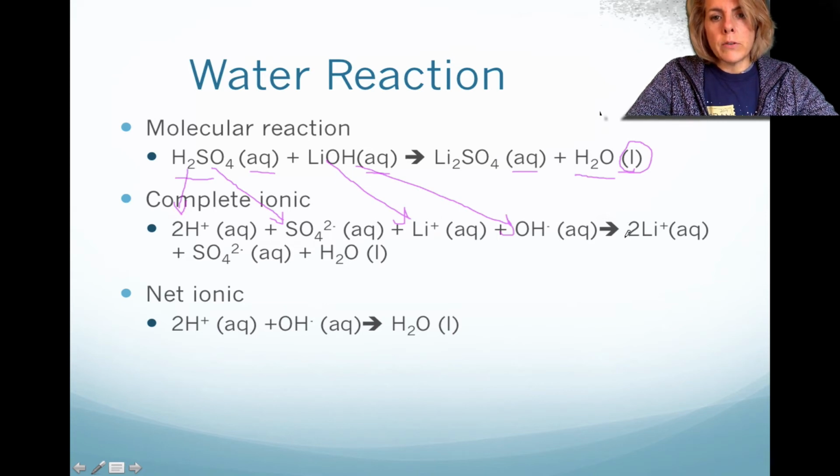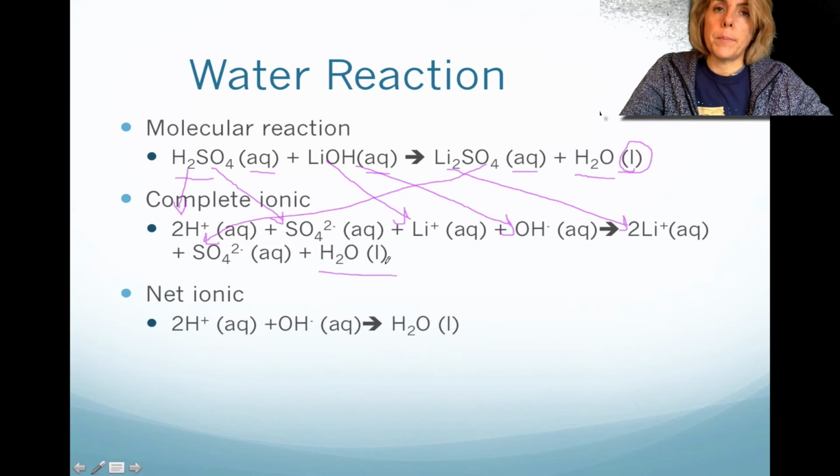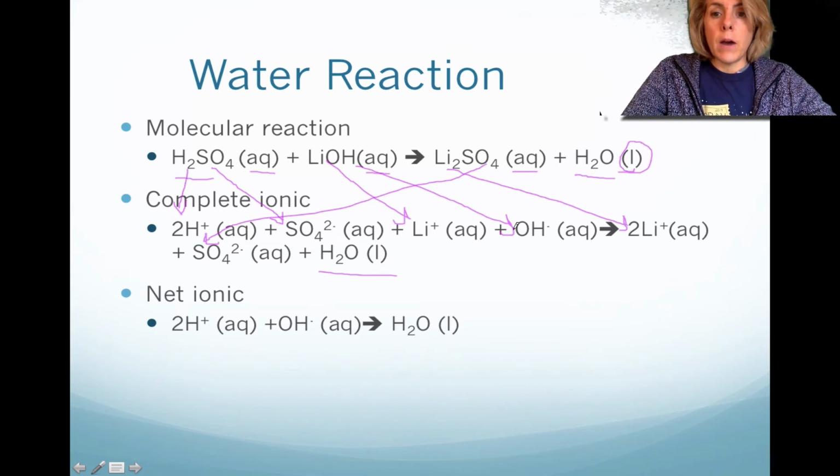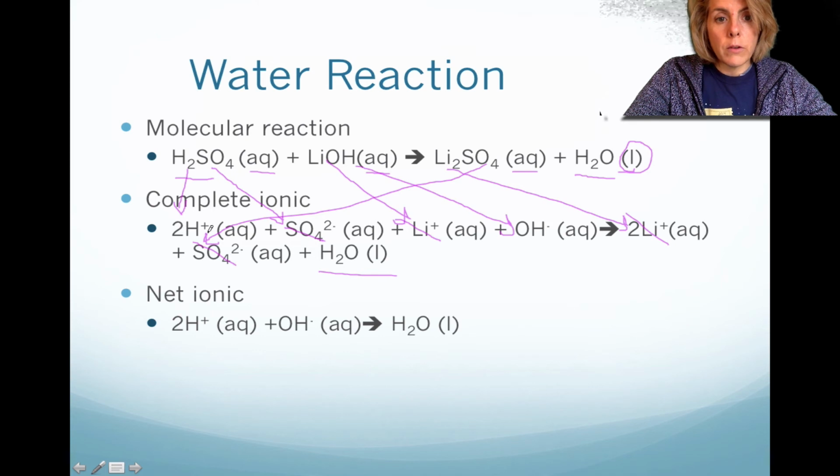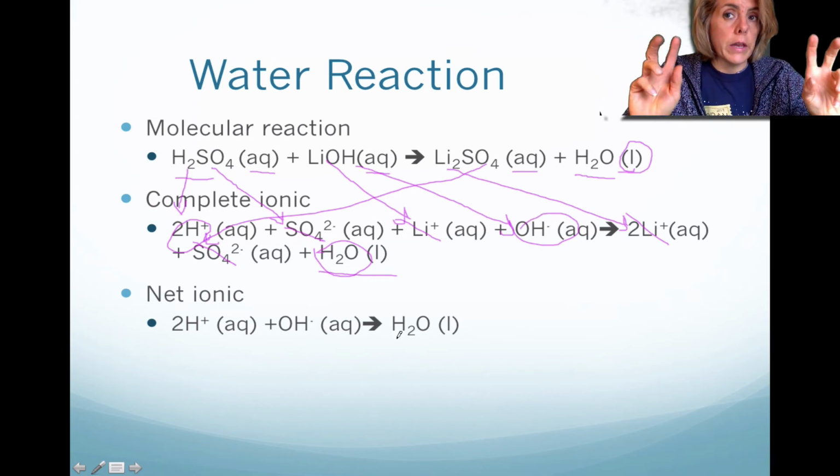And then I want to also take anything that's aqueous on the product side and put that over on the product side. And notice that I rewrite water because I can't break that down. Now I'm going to cross off anything that repeats itself on either side of the equation. And as a result, I should be left with 2 hydrogen, water, and hydroxide. That is considered the net ionic equation.